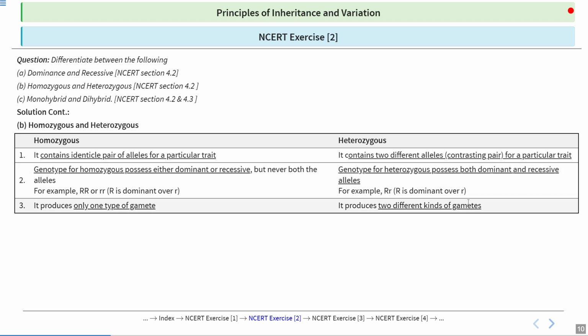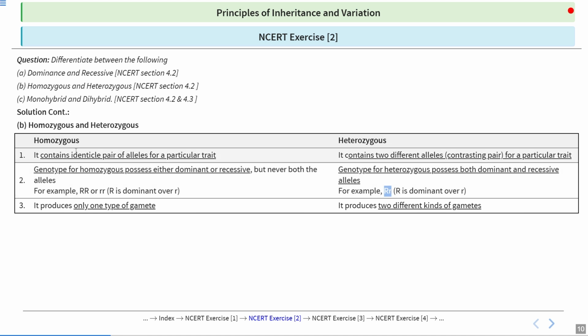Here capital R is dominant over small r, and the dominant trait is observed in the heterozygous condition. Clear? Suppose capital R is for round seed and small r is for wrinkled seed. So the phenotype of heterozygous capital R, small r will be round, because capital R is dominant over small r.